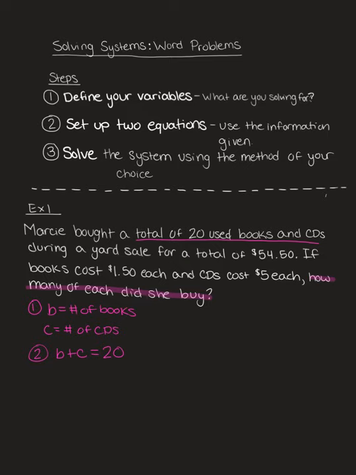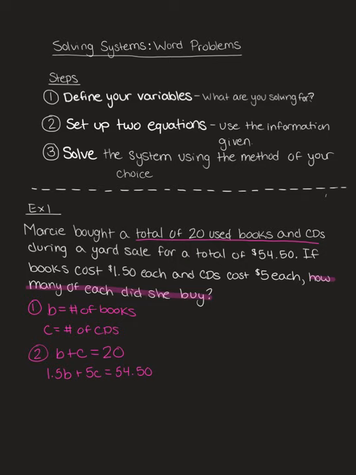She spent a total of $54.50, but each book costs $1.50 and each CD costs $5. So we can say that 1.5 times B plus 5C is equal to $54.50.